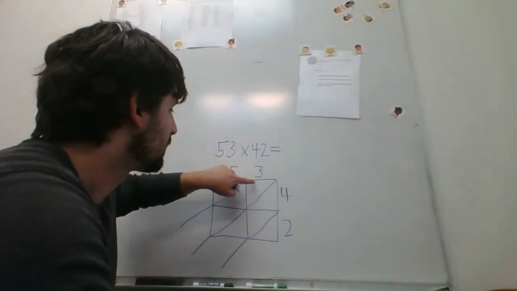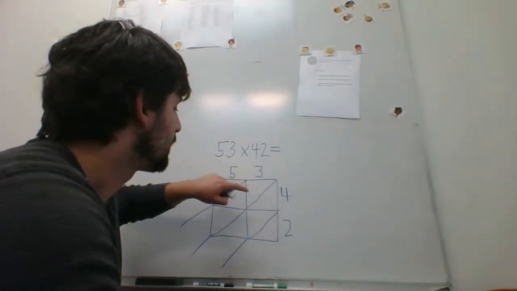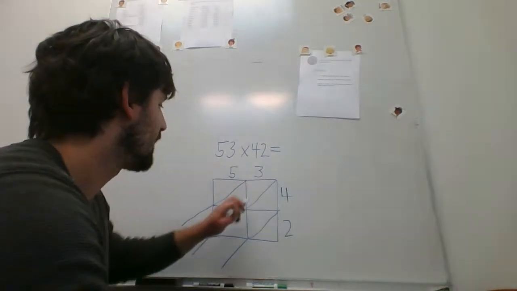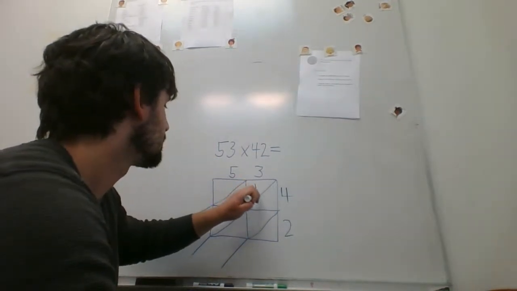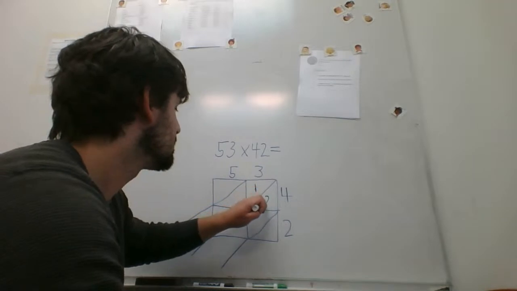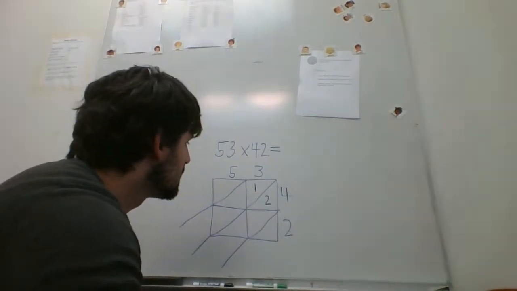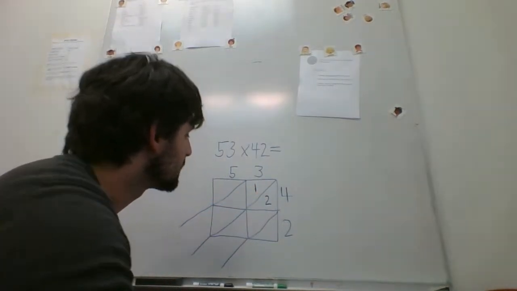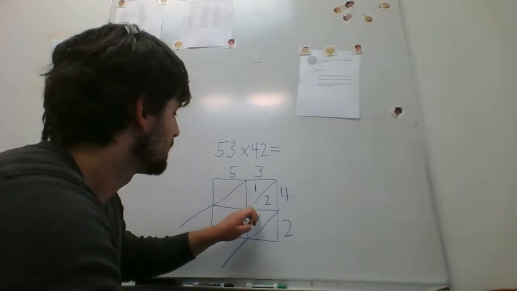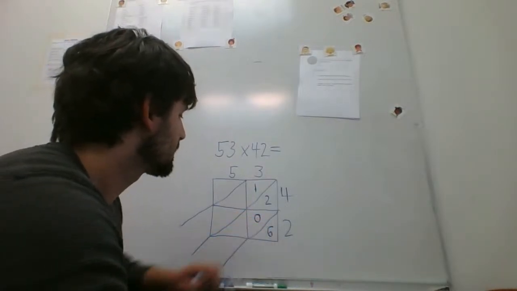So we start off by multiplying 3 times 4. 3 times 4 equals 12. So we have a 1 and a 2. 3 times 2 equals 6. 0, 6.